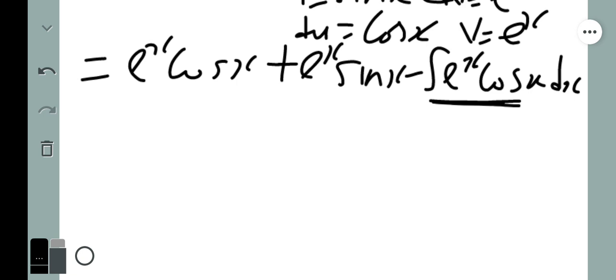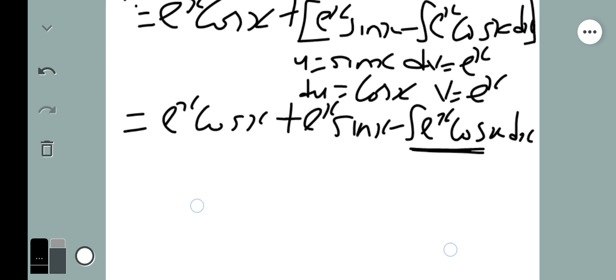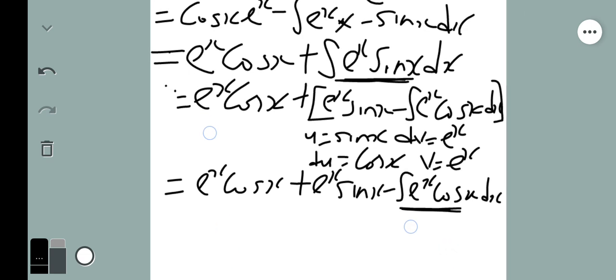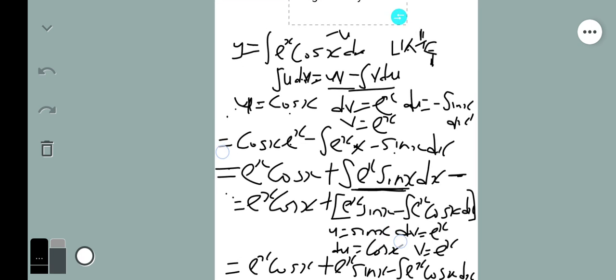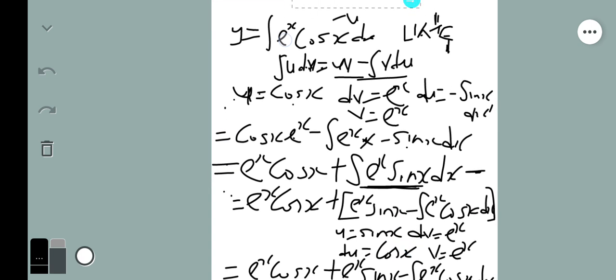And if you look at this problem critically, from our question here, we have this cos x. From our question, we have what? Exponential x cos x.